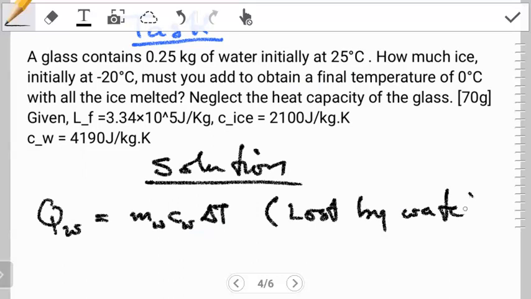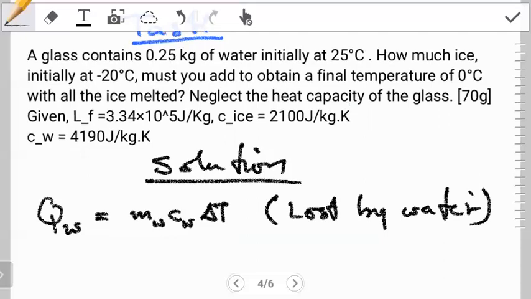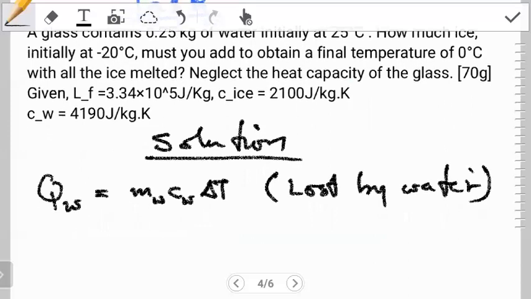And then the next part, we notice that where is this going? The heat lost by the water is going to melt the ice. Now, ice is solid, so we notice one thing. First, it has to change from -20 degrees Celsius to 0 degrees Celsius. So we have the first one for ice, I'm going to say Q ice.